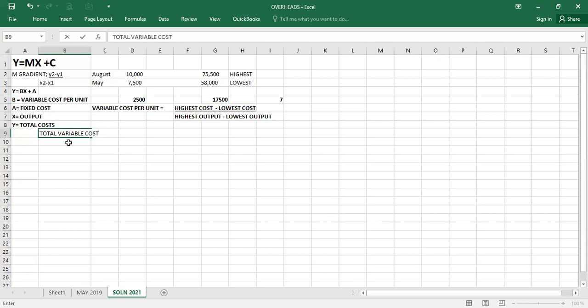This will be equal to, because we said the total variable cost is bx. So it will be our b, which is the 7, times any level of activity.